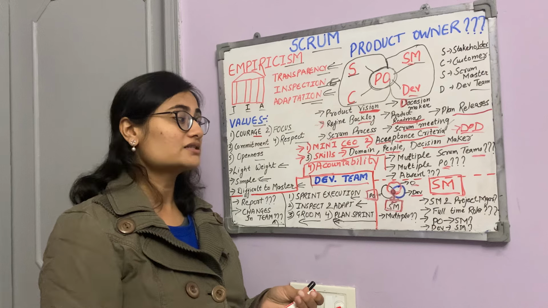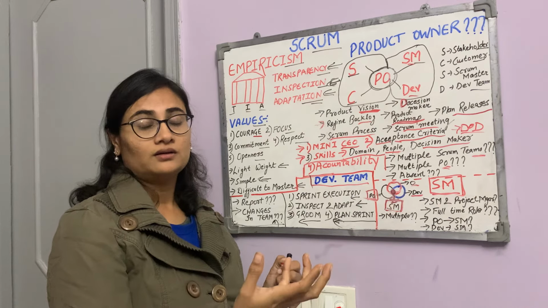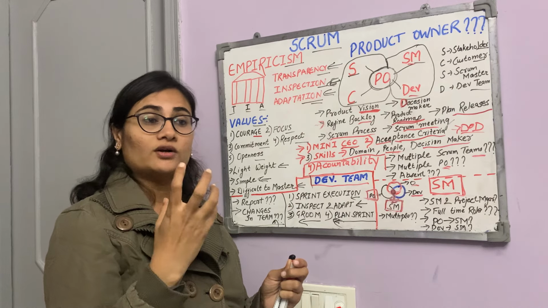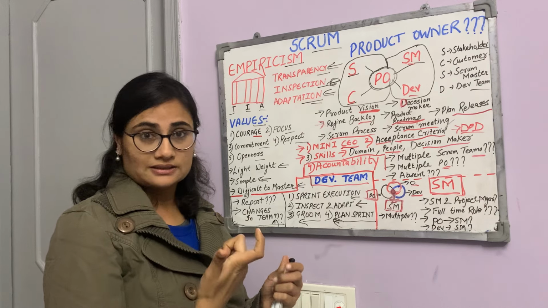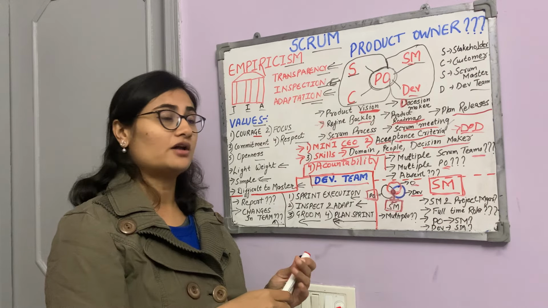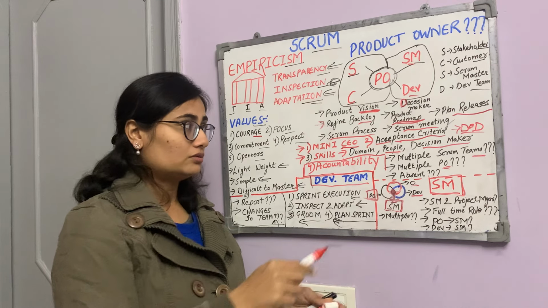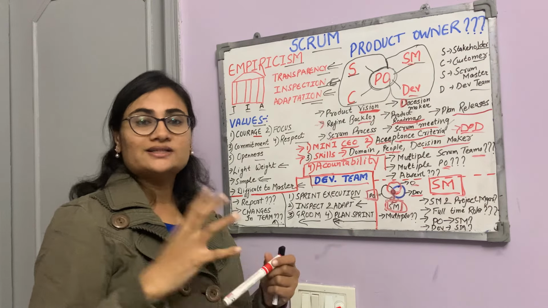He also helps the product owner make the development team understand the importance of a clear and concise user story. So he helps the product owner in defining those user stories also. That is how he is helping the product owner.